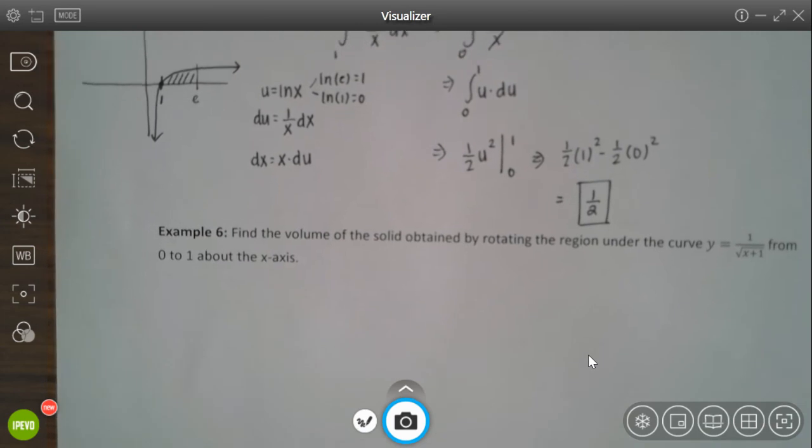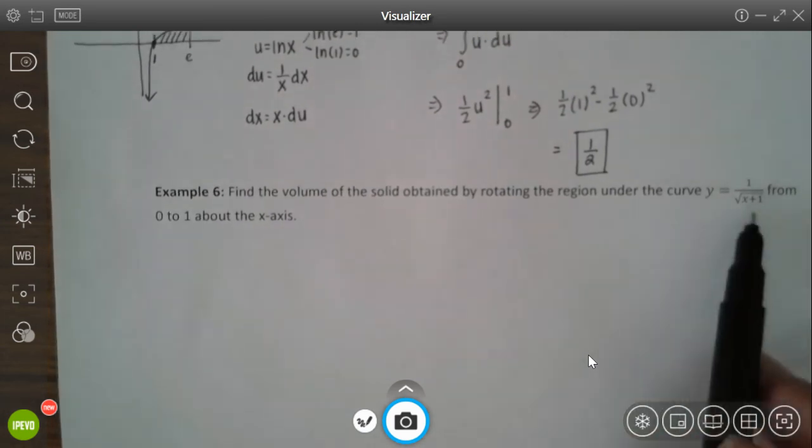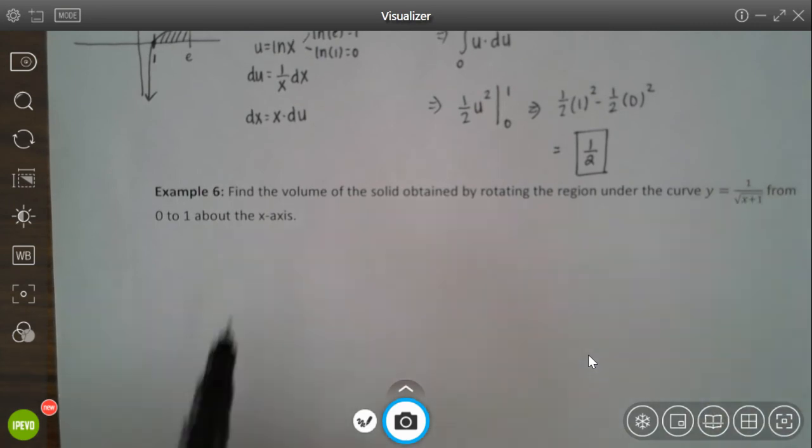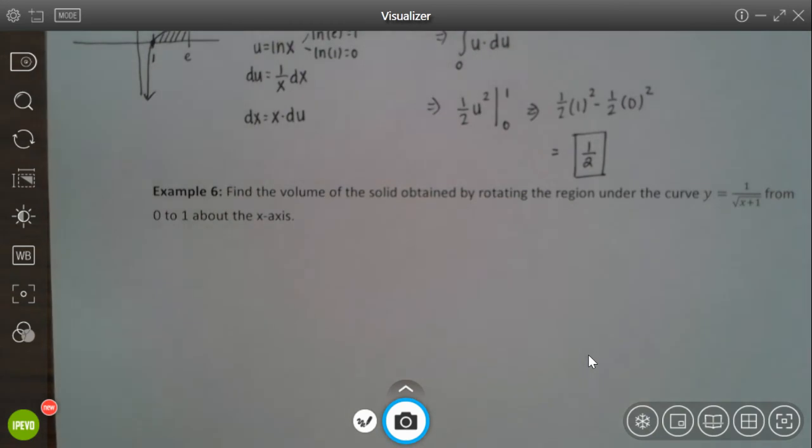Right. And then the last problem is we want to find the volume of the solid obtained by rotating this region under the curve from 0 to 1 about the x-axis. So x-axis, we're going to be integrating with respect to x in this problem. I'm just going to go ahead and graph this quickly to see what the graph looks like.